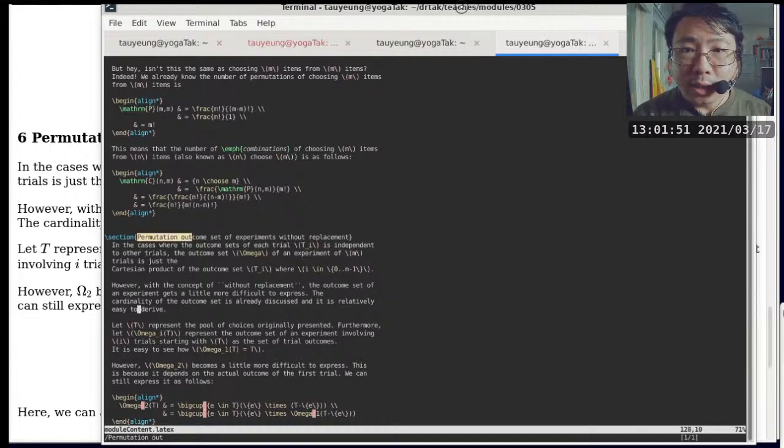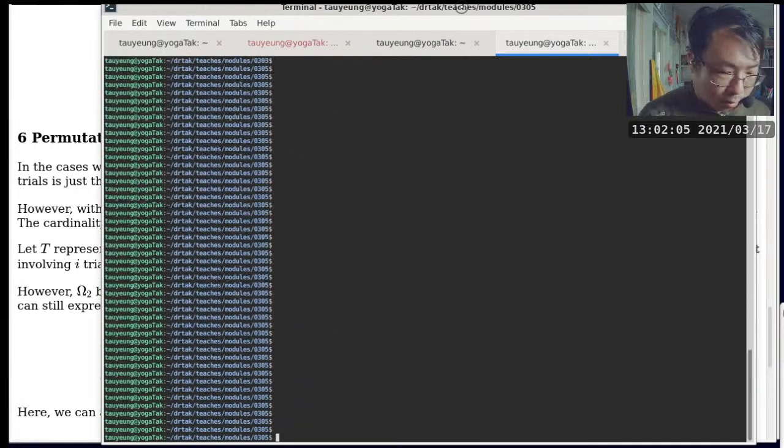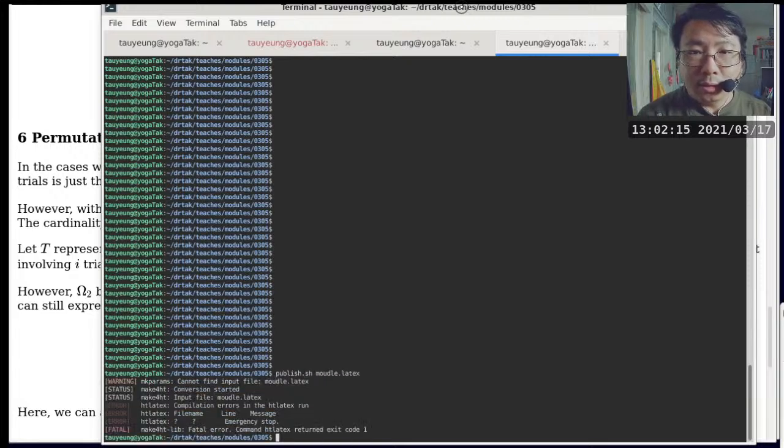So the base case that I'm going to use is omega 0 of T is the empty set. I got a stuck enter key. All right, so now we'll publish module.latex. Oh, misspelled it.